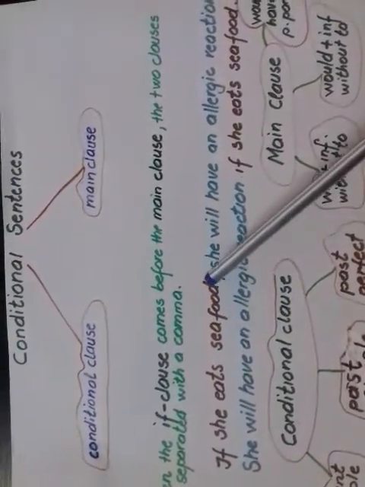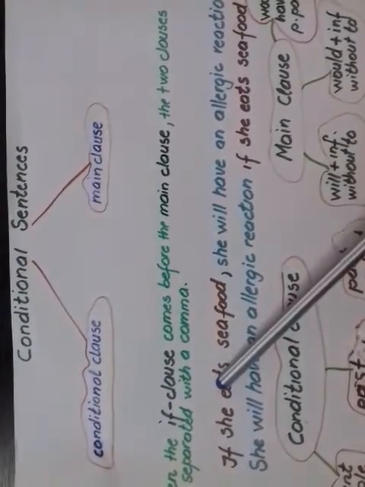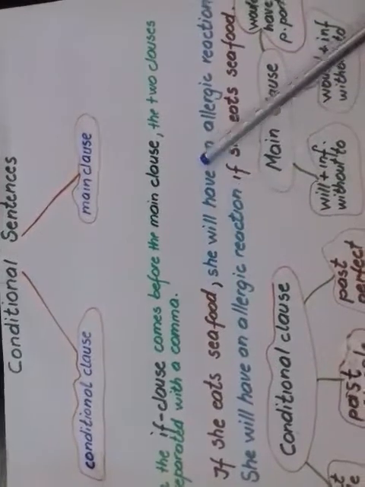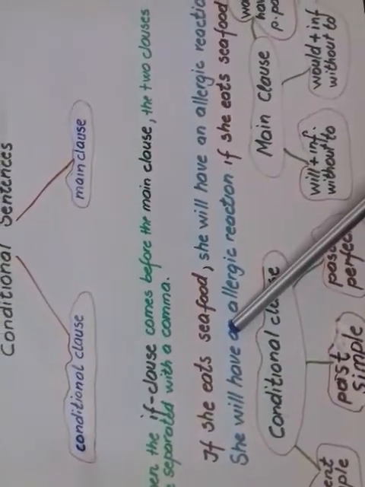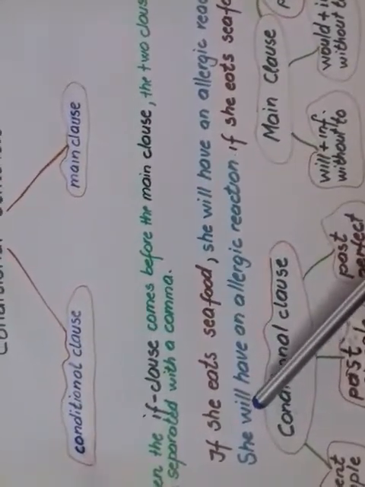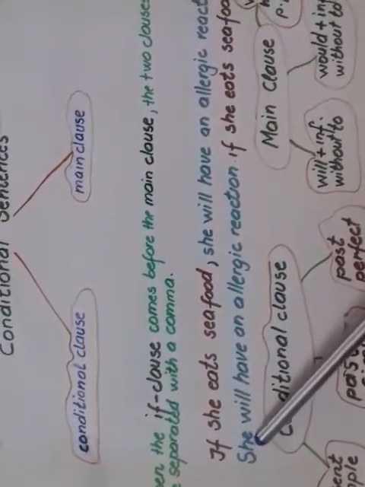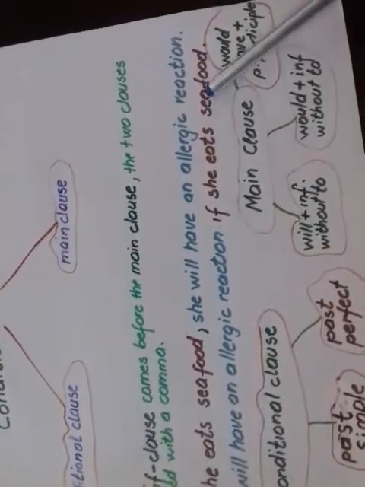So here I am using a comma because the conditional clause comes before the main clause, while in the other example, I have swapped places. So in this example, she will have an allergic reaction if she eats seafood.